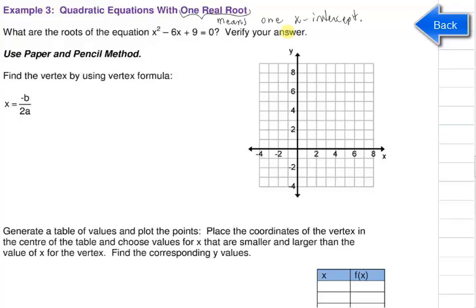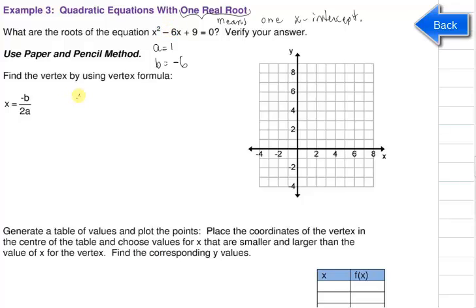So for our vertex, we need to write out our values for a and b, right? Because we've got those two constants that we want to use for our formula. So according to our quadratic equation that we're asked to determine the roots of, we can see that a is equal to 1 and b is equal to negative 6. So you want to pick the negative in front of that 6.